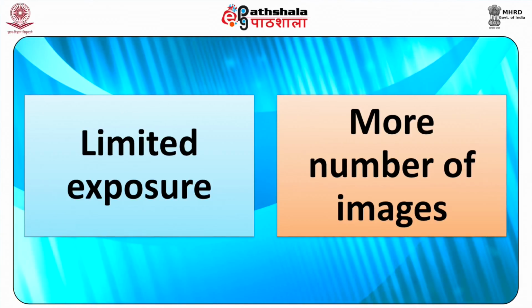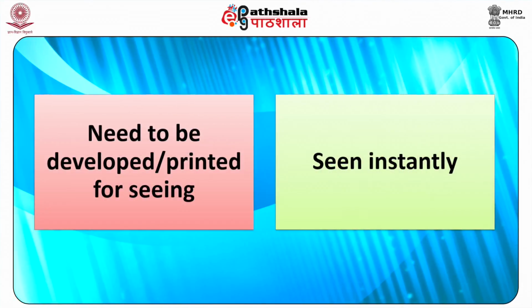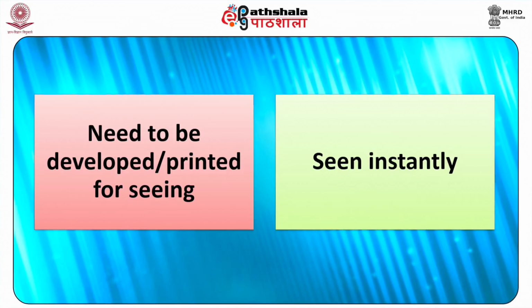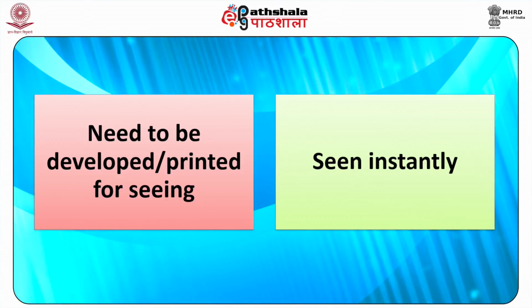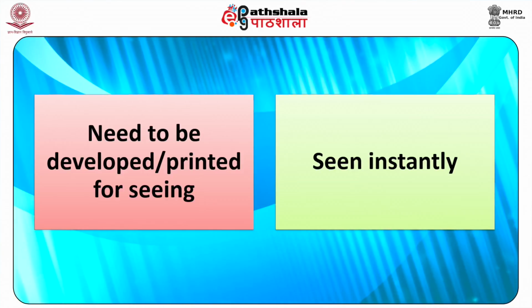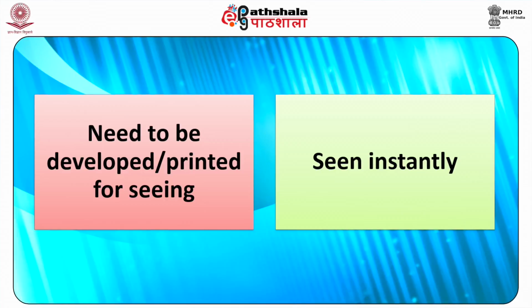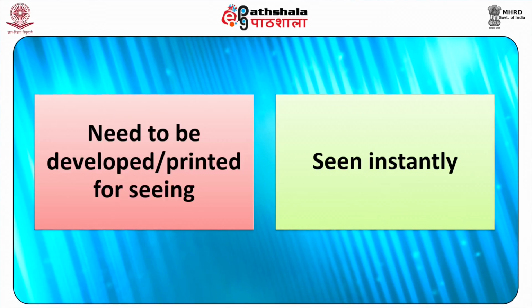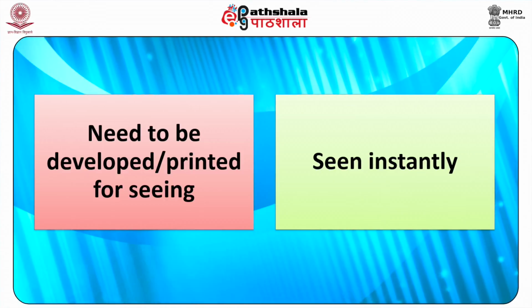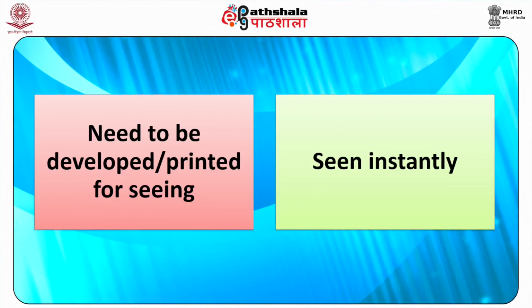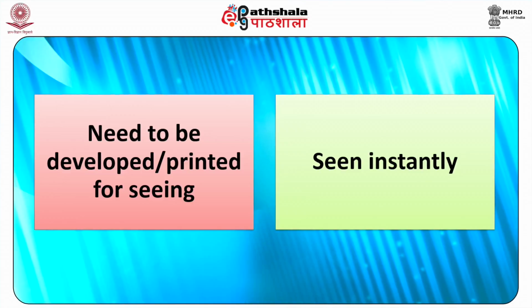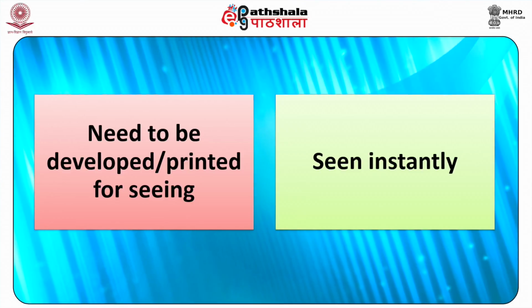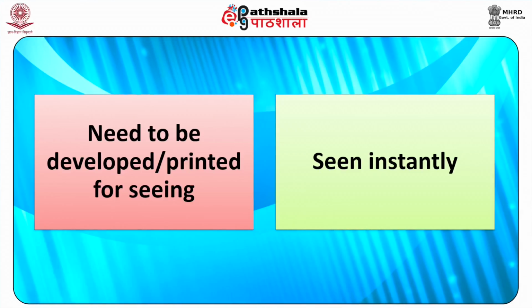In case of film photography, images exposed through films could not be seen unless the film is developed or printed. And in case of digital images, the images can be seen instantly on the camera LCD display. Since we have an immediate feedback of the image, we can correct the focusing, exposure or composition if required.